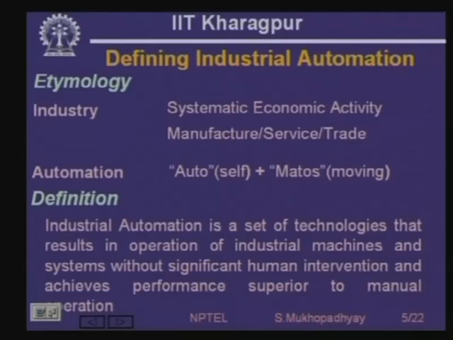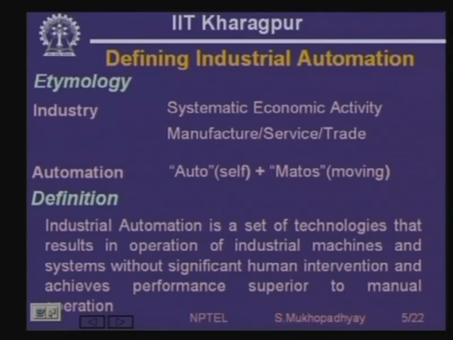The definition of automation says, as I read, that industrial automation is a set of technologies that results in operation of industrial machines and systems without significant human intervention, number one. That is the meaning which is embedded in the term self moving. So, it does not require too much operator intervention, and more than that, it achieves performance which is superior to manual operation.